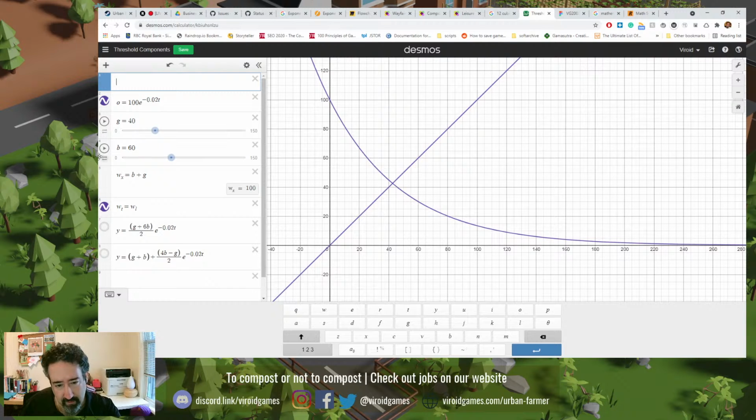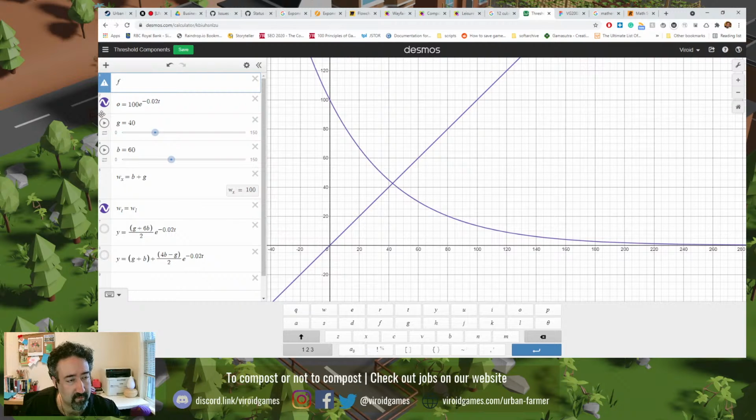Can we at least do this? Let's see. Let's do the F. Subscripts cannot be empty. Try adding Y to the beginning of.